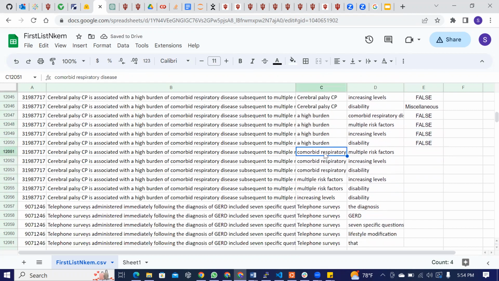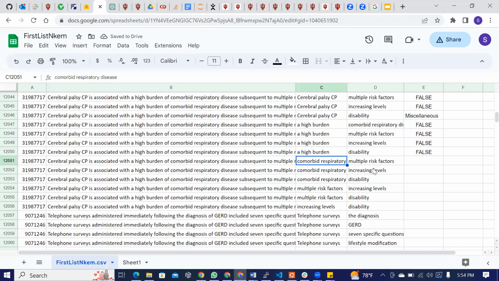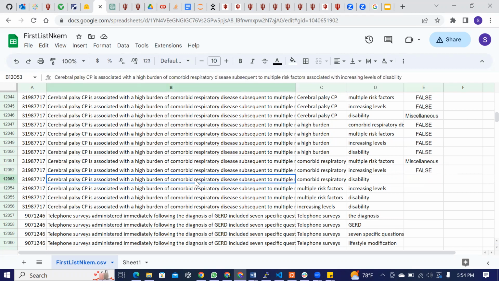Now, comorbid respiratory and multiple risk factors: this has a relationship, which is miscellaneous. Increasing levels, no, we don't need increasing levels. Disability, true. So, does it cause disability? Associated with increasing levels of disability.